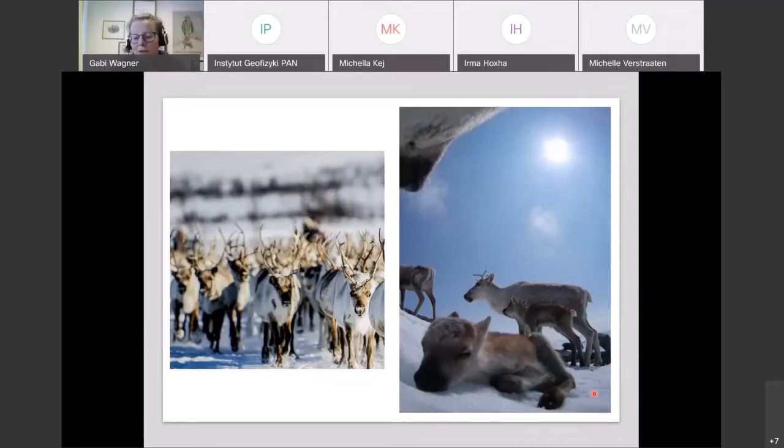But what happens with the changing Arctic, with climate change, is that very often this isn't snow anymore, but pure ice, and there is rain. And that's one thing the reindeer calves cannot cope with: if they get wet, their fur does not protect them against the cold. So for the first time in thousands of years, reindeer are actually dying from cold because the calves get wet. So lots of problems for the reindeer as well.